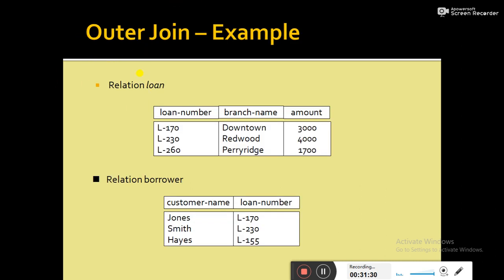The loan number L170 in the loan relation is present in the borrower relation also, so that record will be selected, and for L230 the record of loan and the corresponding record of borrower will get selected. L260 and L155 are not going to be present in the result. So we are losing the information of those records in case of natural join.